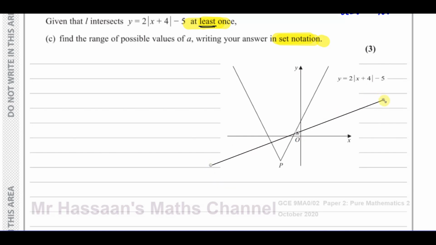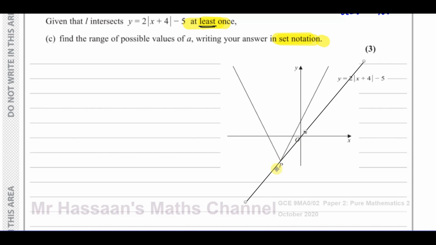But there's a limit over here where that vertex is, the line that connects the vertex to the origin. That line over there is going to be a limit to where it will stop intersecting, because here it touches it at the tip. When the value of a is less, it's shallower, a positive gradient but less, it's going to cut it twice, and it'll continue cutting it, and we'll see the limits for that in a minute.